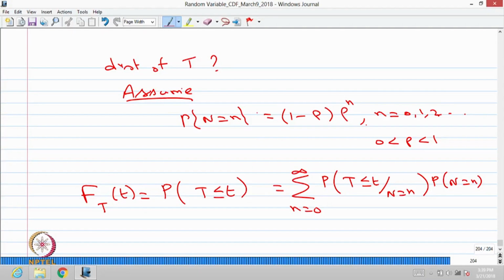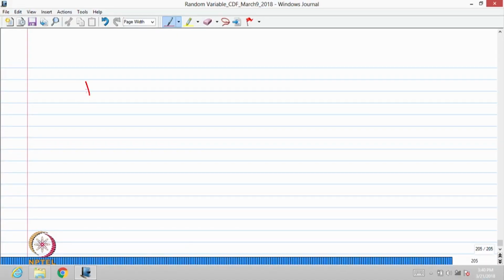That means finding the distribution of T by using the conditional distribution of T, through the random sum concept, then by using the total probability theorem we get the distribution. But for that, first we should find the conditional distribution of T given N takes a value small n.